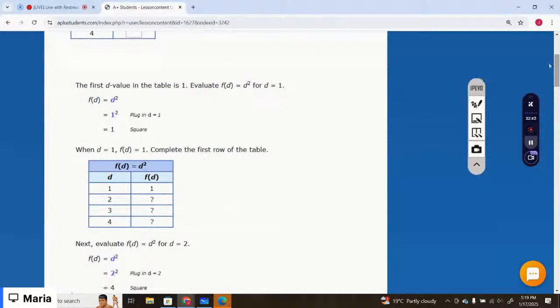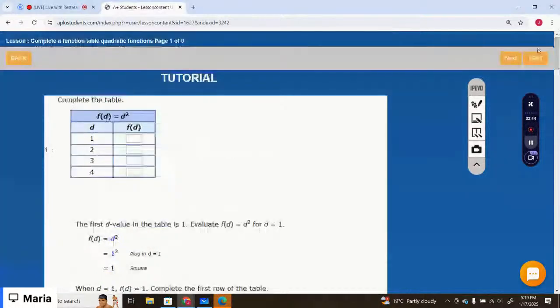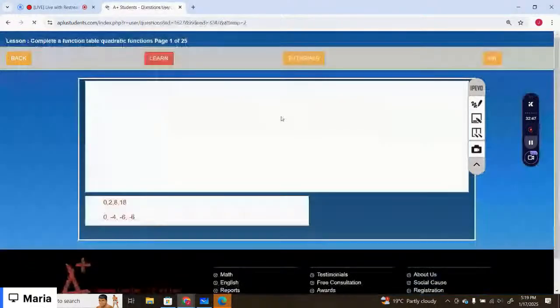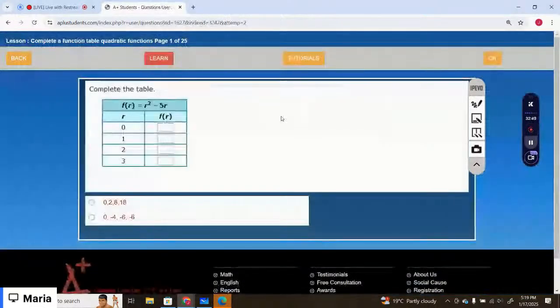Let's start with the test questions. Complete the table. You are given the function f of r equals r square minus 5r.